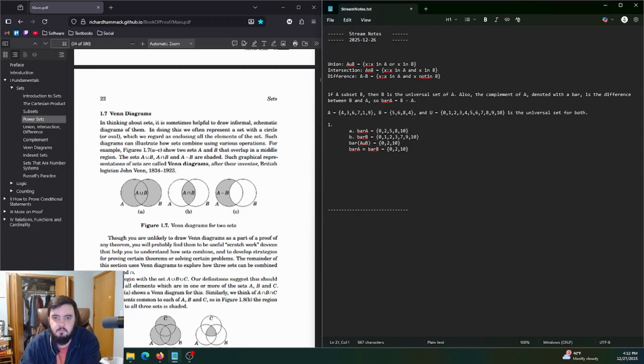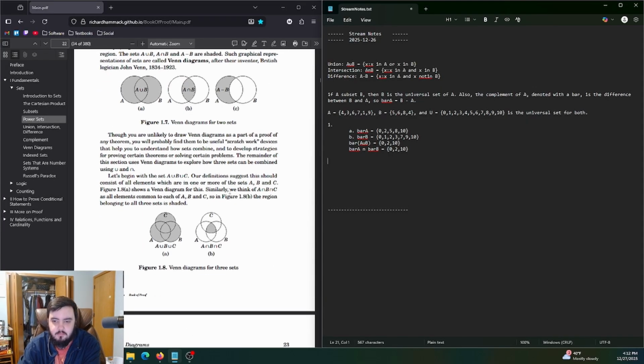Okay, Venn diagrams, let's go. Sometimes helpful to draw informal, schematic diagrams of them. In doing this, we often represent a set with a circle or oval, which we regard as enclosing all the elements of the set. A Venn diagram is just a way to showcase these set interactions, unions and intersections and complements.